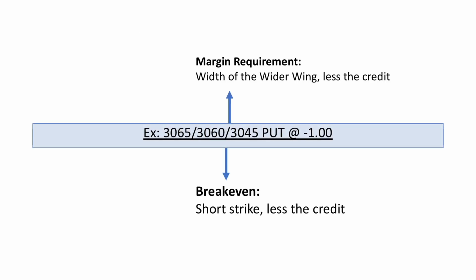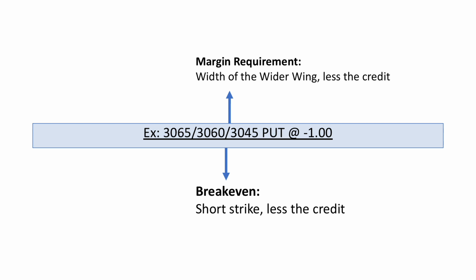Now, to calculate the margin requirement, you're going to take the width of the wider wing and minus the credit, and that's how much capital your broker will require from you to put on the trade. So the more that you break the wing, the more capital it's going to require from you, but of course that's more credit you can take in.